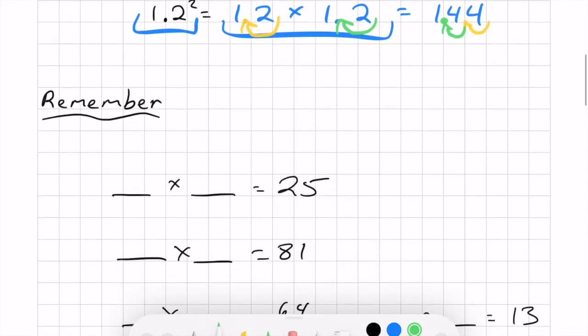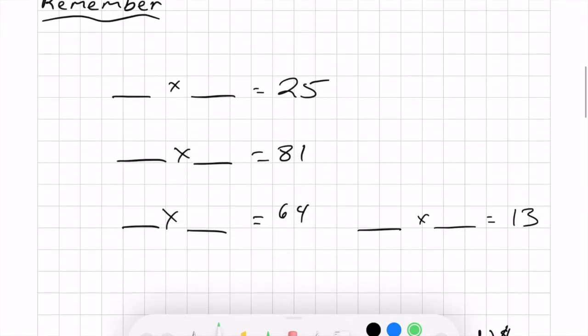So we're going to remember here, when I was looking at 25 and trying to find the perfect squares, I would think what times what equals 25, right? And so that would be 5 times 5 is equal to 25. Same as 81, I know that's 9 times 9. And 64, I know that's 8 times 8.